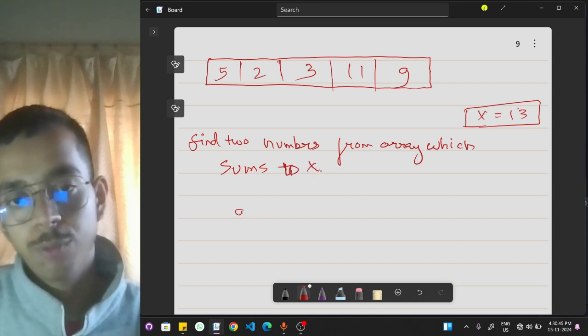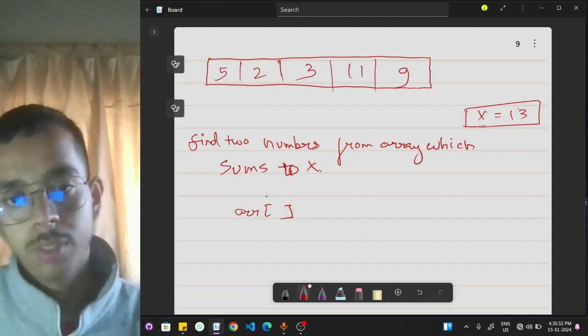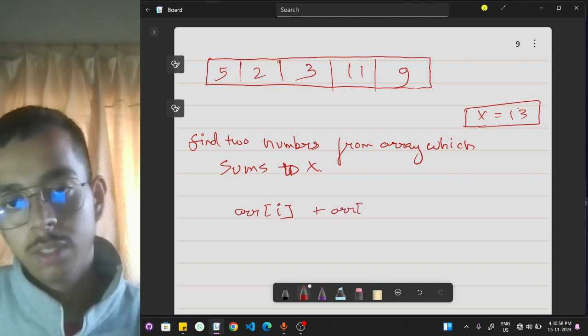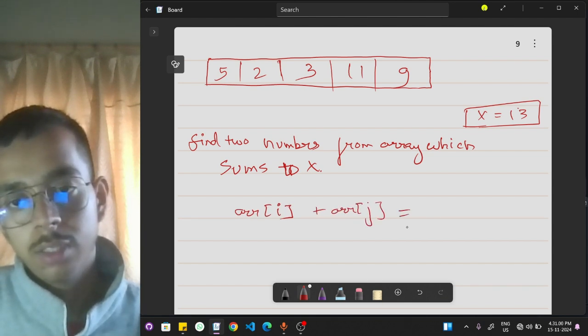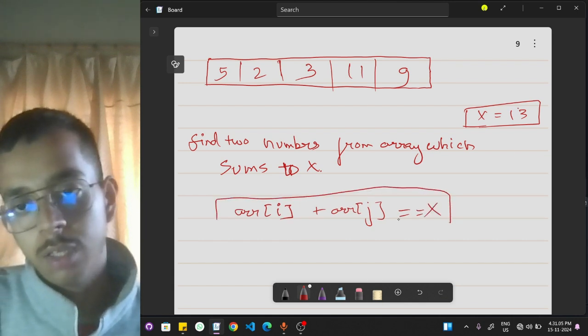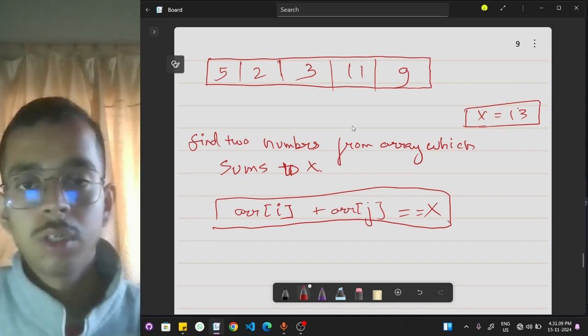That means if you take two numbers from the array, one counted by i and another by j, then this sum should be equal to x. That is what I need to fulfill. I need to find two such numbers.